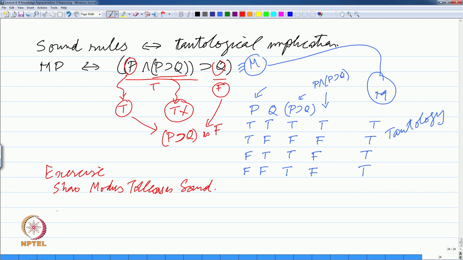Also, as an exercise, show that this rule, Q and P implies Q implies P, is not sound.